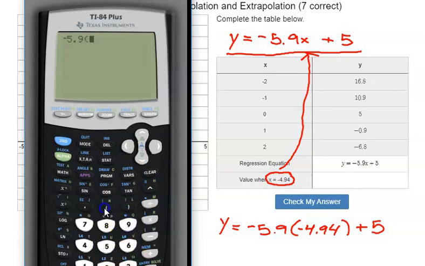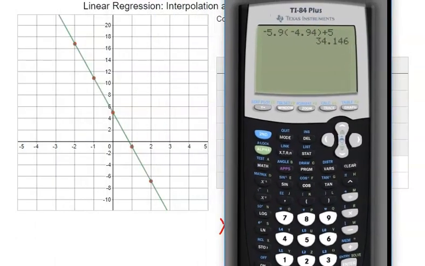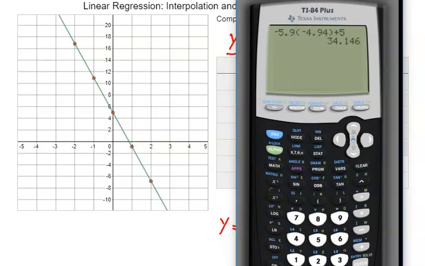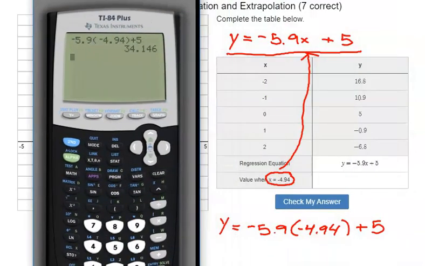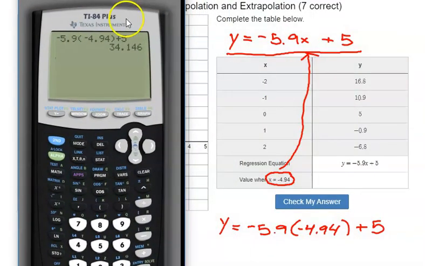Negative 5.9 times negative 4.94 plus 5. And we can see that my predicted value is 34.146. Now remember, when I made a really rough estimation over here, I said negative 5 should be somewhere in the neighborhood of 40. And indeed we get something that is in the neighborhood of 40.